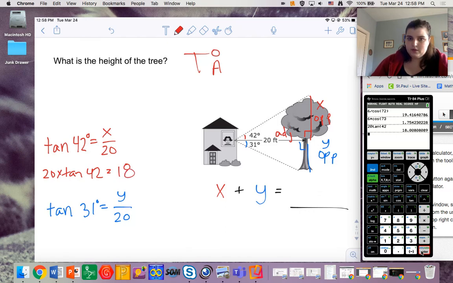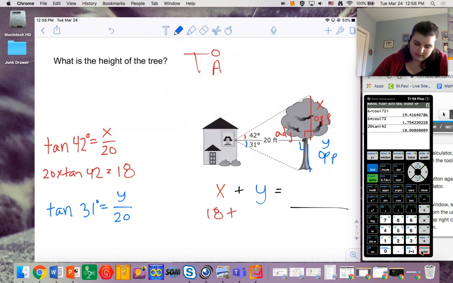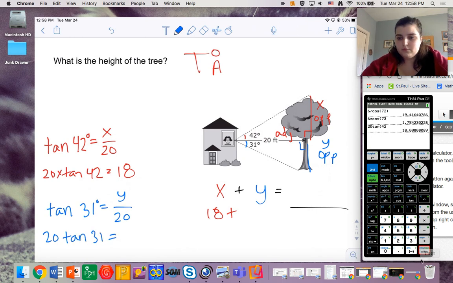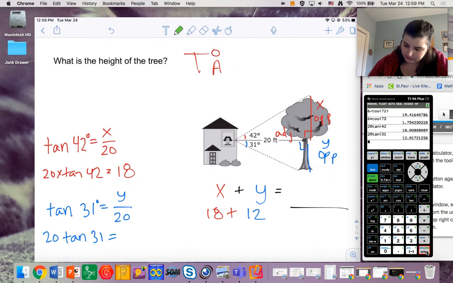Okay, and 18 plus, same thing, 20 times tangent of 31, degrees, say 12. So my final answer is 30 feet. That's how tall the tree is.